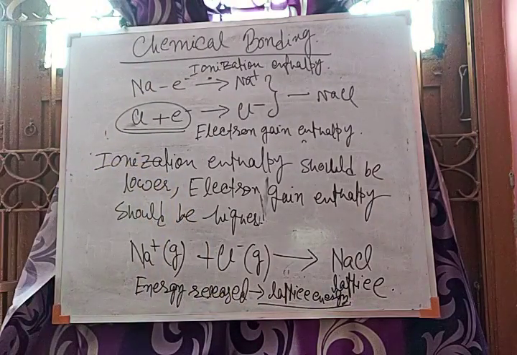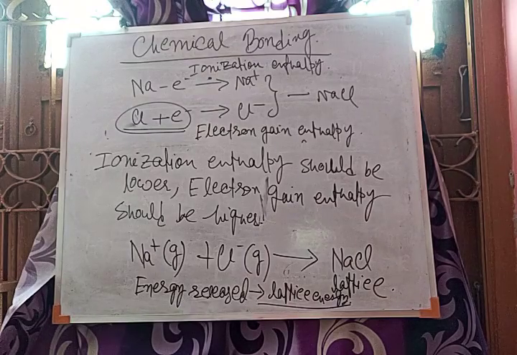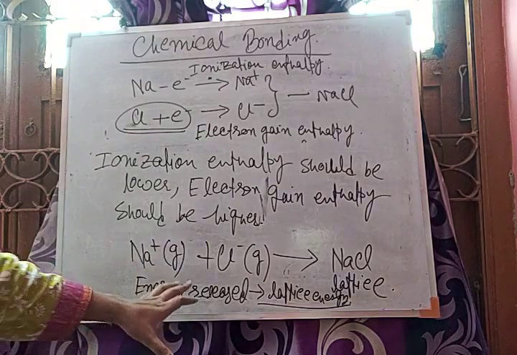Every ionic substance has a crystalline structure, and in that crystalline structure there is a particular arrangement of an array of positive and negative ions. Their crystalline structure or lattice may vary in the arrangement of ions. That crystalline structure with a particular array of ions is known as the lattice.